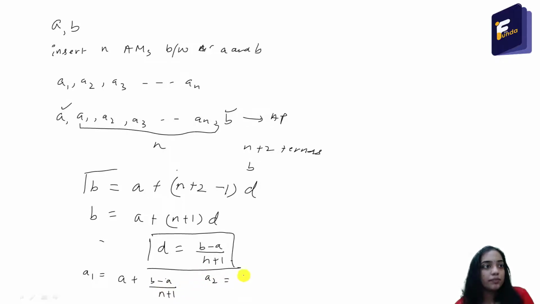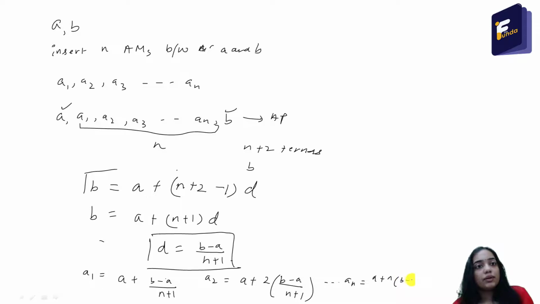A2 is A plus 2D, that is A plus 2 into B minus A by n plus 1. Similarly, An equals A plus n into B minus A by n plus 1. The nth term is A plus nD, where D is B minus A by n plus 1.